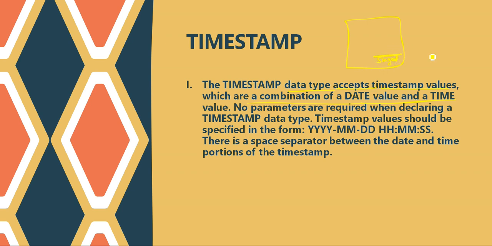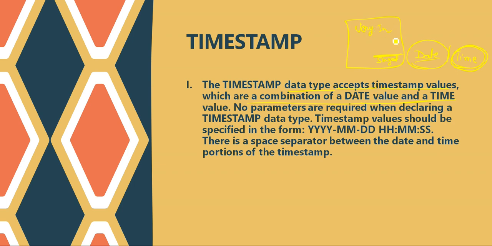What do I need to store? I need to store the date as well as time, right? If I just store the time only, I cannot clearly say on which date this person signed this document. And if I just store the date value only, I cannot say at what time this person signed this document, and this document is very, very important.